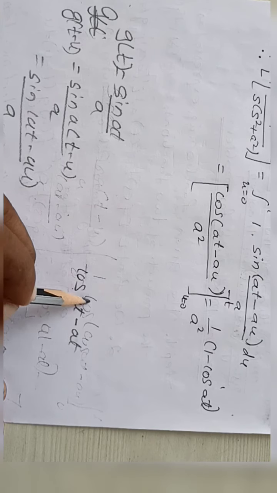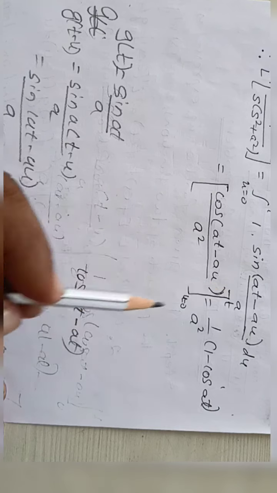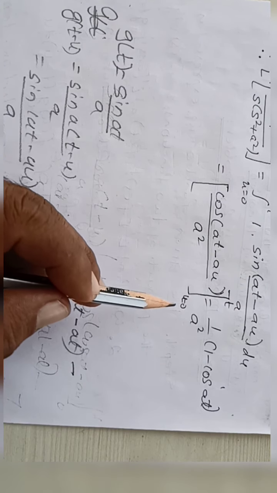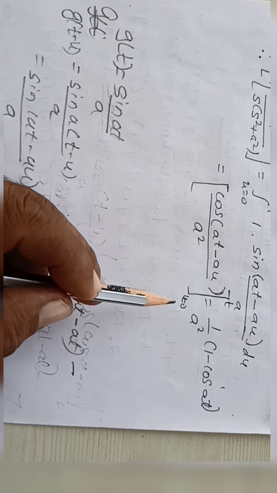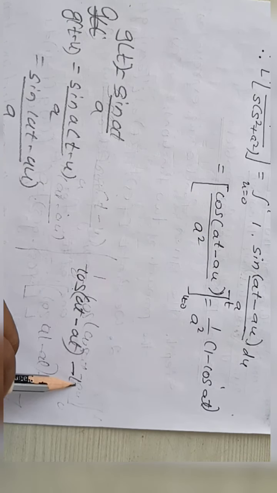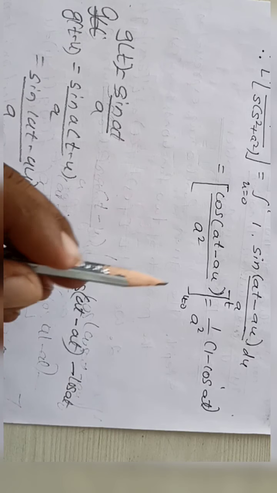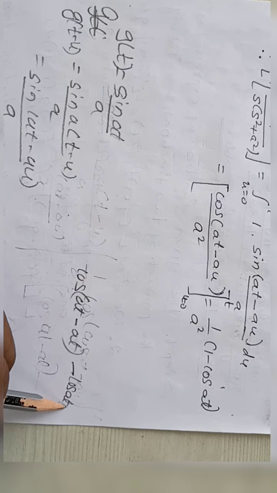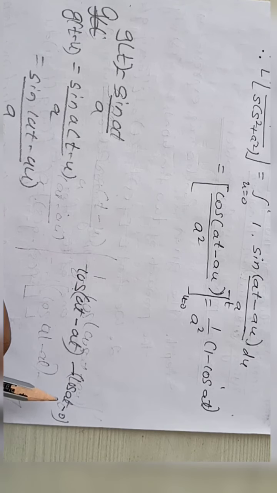minus AT, inserting the values t, and next minus of what? This term is 0. It means cos AT is already there, and this one is 0 minus 0, so it becomes cos 0.